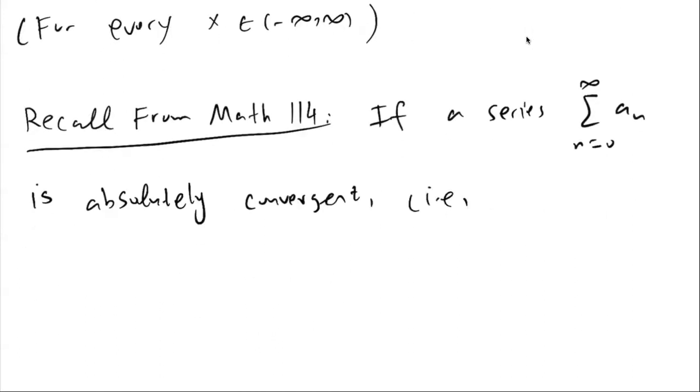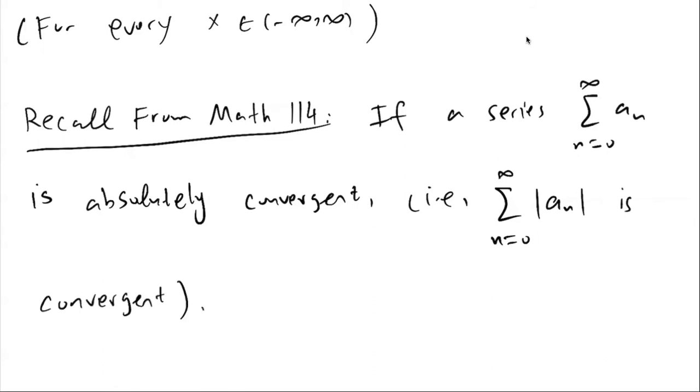Meaning that the sum of the absolute value of a_n from 0 to infinity is convergent, then we can say that the original series, the sum of a_n from 0 to infinity, is convergent.